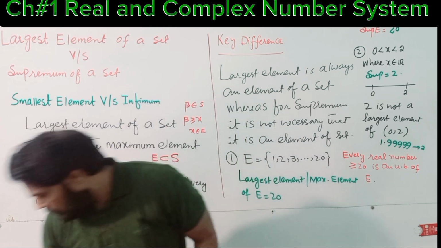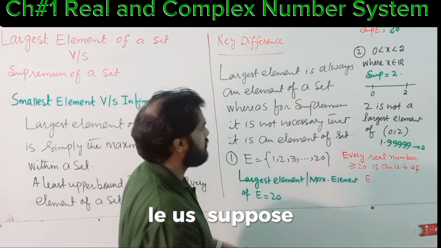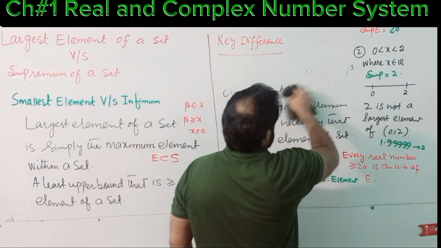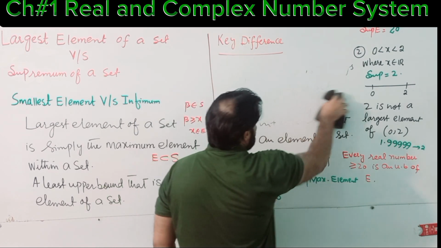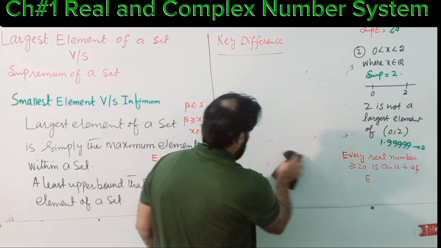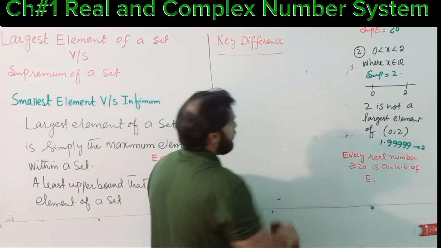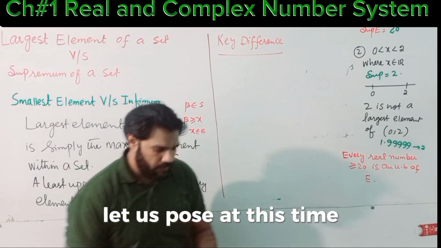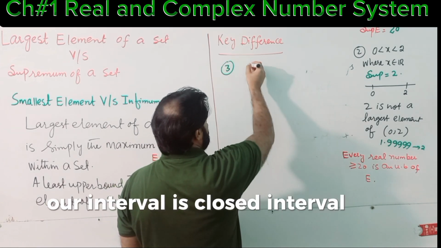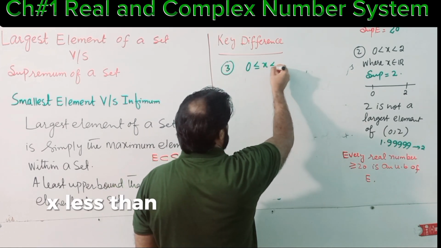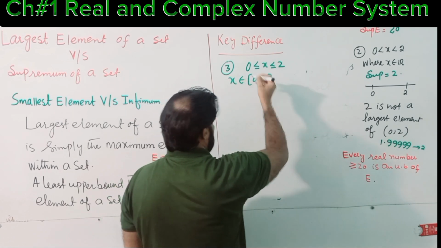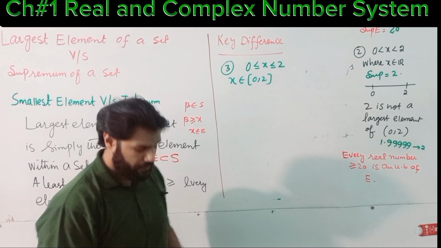Okay, let us suppose at this time our interval is a closed interval, that is 0 less than or equal to x less than or equal to 2, x belongs to [0, 2], where x is a real number.